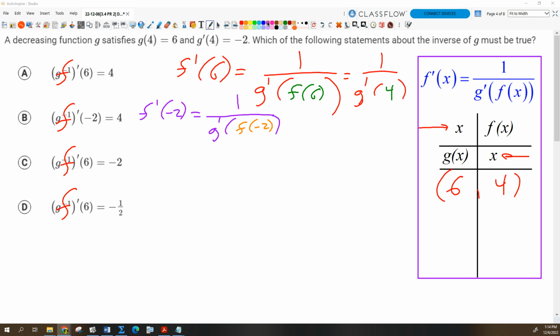What's F of -2? I mean, do we know? We don't know, do we? Because we're not given an ordered pair that involves a -2.